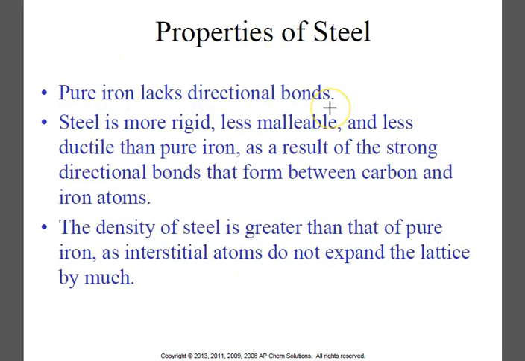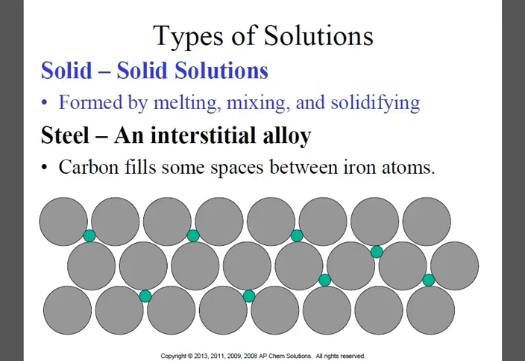Here are some key properties of interstitial alloys. If you have a pure metal, remember they lack directional bonds from the last chapter. So the bonding is not between the atoms. Let's go back to that picture. Remember, in a metal, you don't have directional bonding like this or like this.